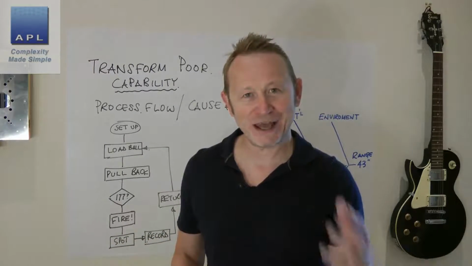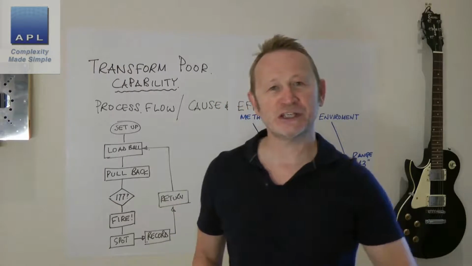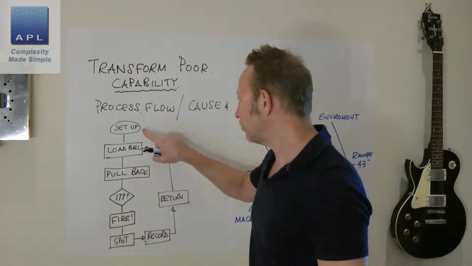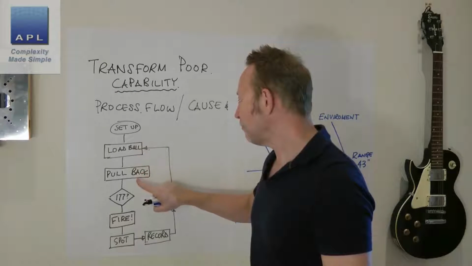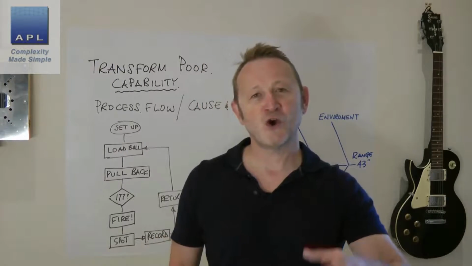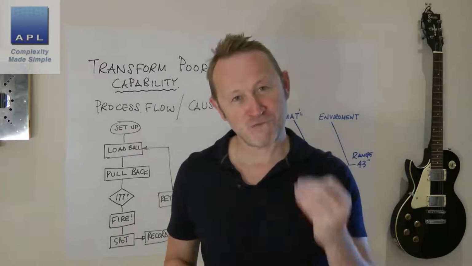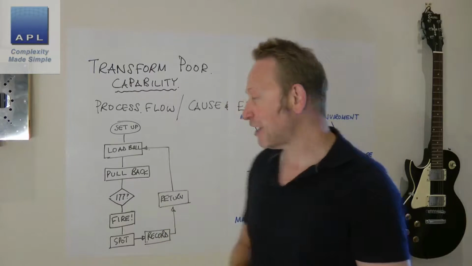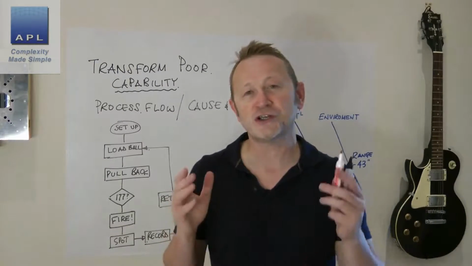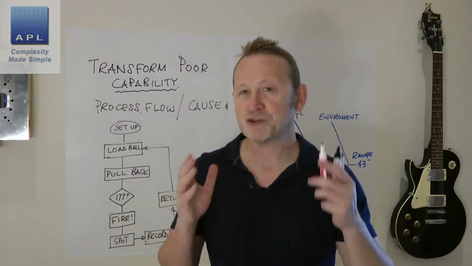It rarely ever works. What we need is a high definition problem approach, and this is what we're going to do. We are going to visit every box on this flow diagram, and we're going to ask the question, what were the variables at that step that contributed to my 43-inch range? Okay, what are the variables?